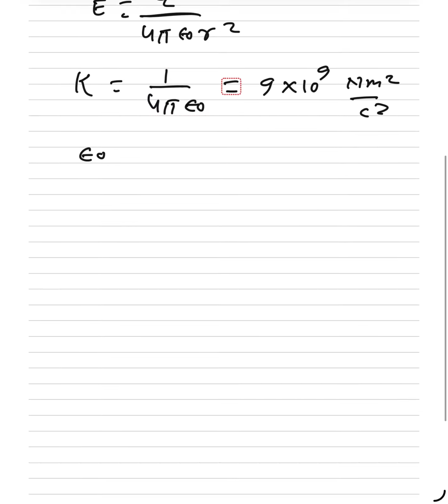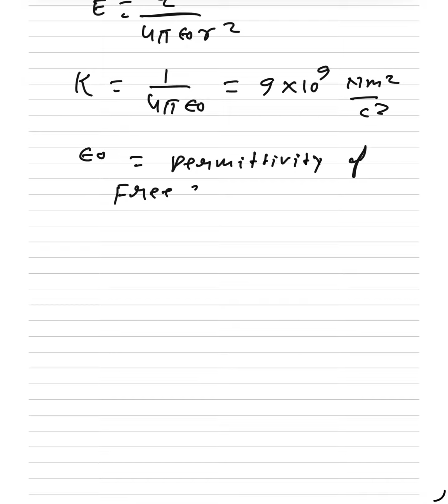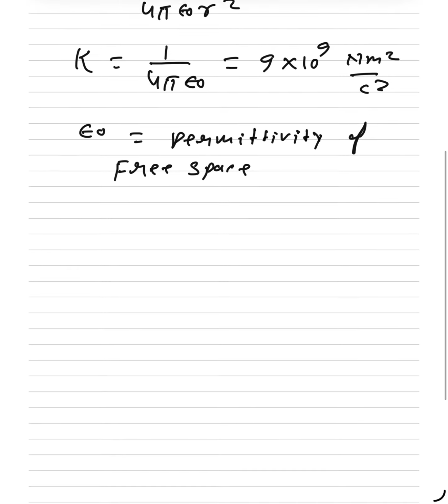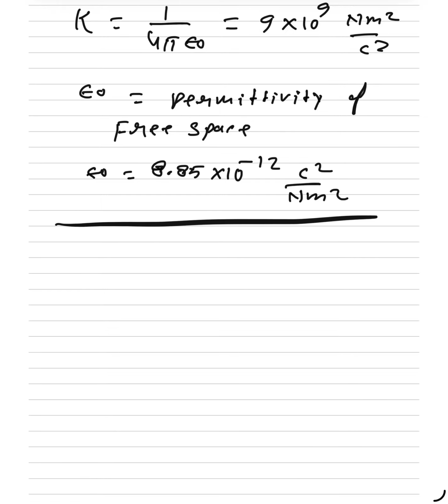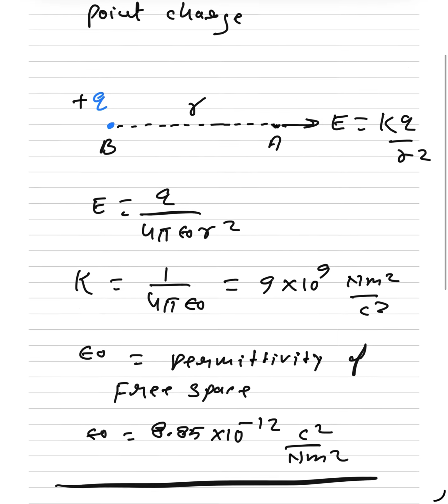Here epsilon naught is the permittivity of free space, and its value is 8.85 into 10 power minus 12 coulomb square divided by newton meter square. This is the basic logic about the electric field due to a point charge.